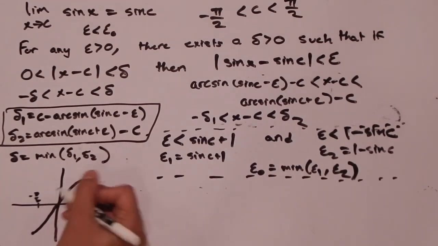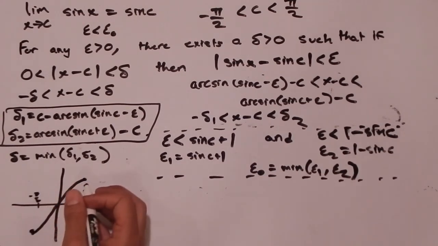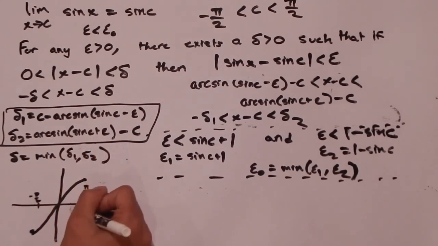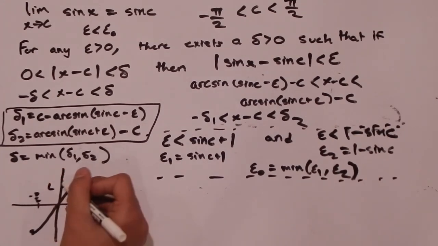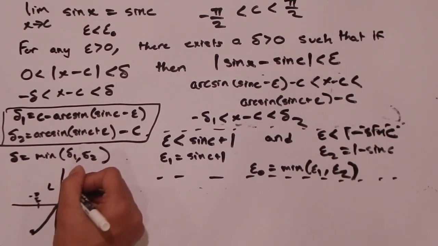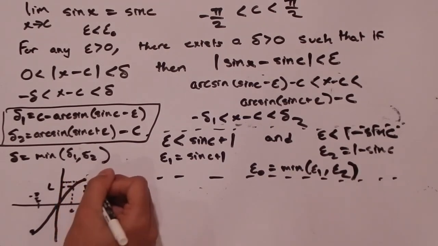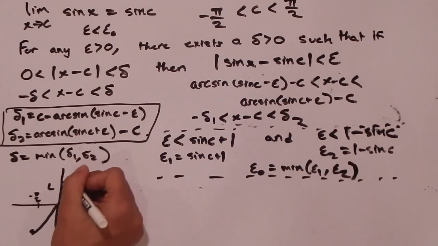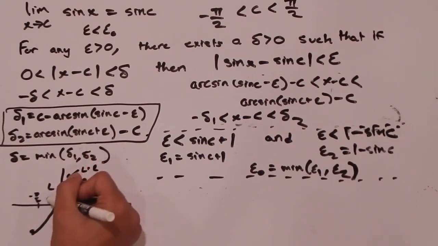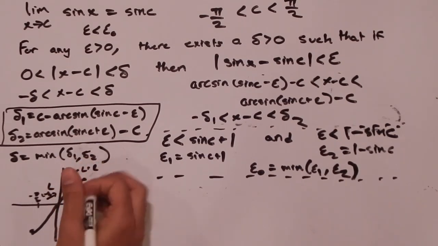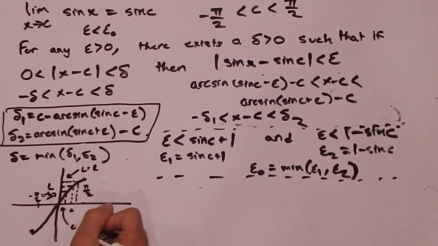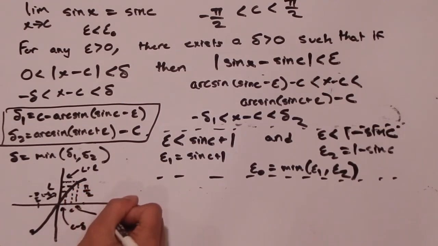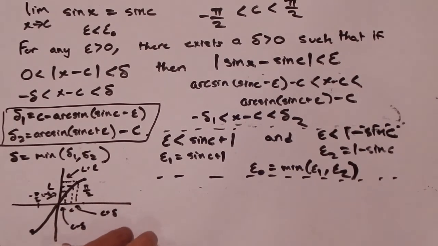We know this is what the sine function looks like on that interval. What I'm saying is at c, the limit is equal to L. If you're to give me an epsilon value, perhaps up to about here and down to about here, where this is L plus epsilon and this is L minus epsilon, and this right here is going to be c minus delta, and this is going to be c plus delta, I'll find you that delta value.